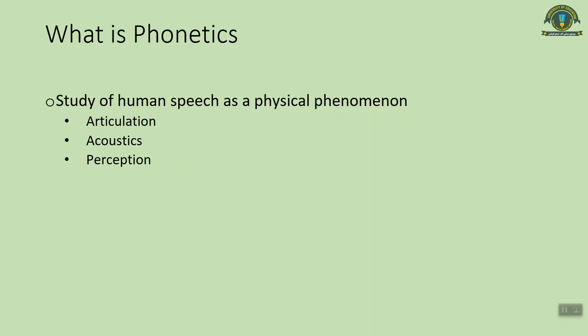In acoustic phonetics, we study the physical properties of speech sounds. We look at the sound wave, we look at the signals, and we try to measure the frequencies, amplitudes, and durations. We will also see acoustics, phonology, and phonetics side by side in this particular course.